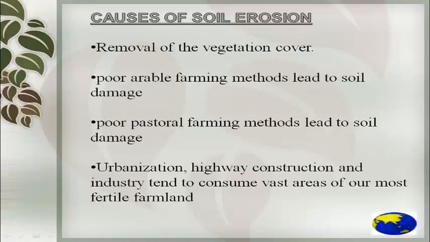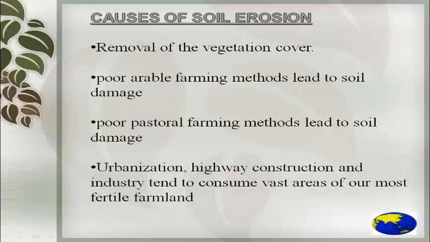Then also we have another point, which is poor arable farming methods lead to soil damage. When we talk about planting on the soil, we also have poor pastoral farming methods leading to soil damage.